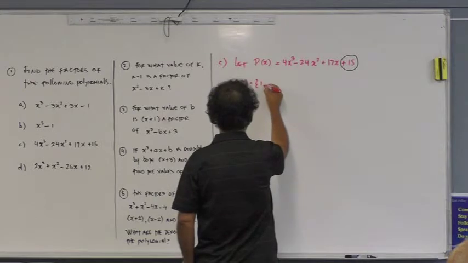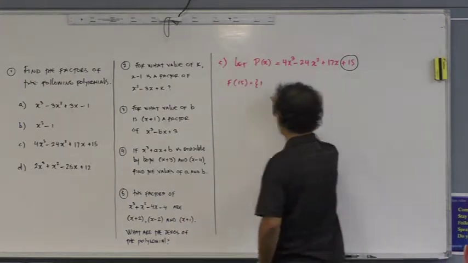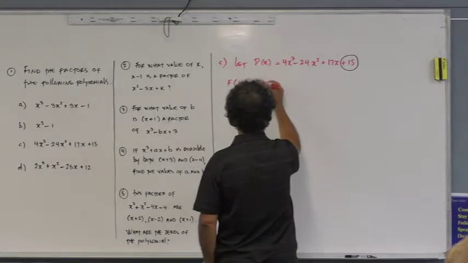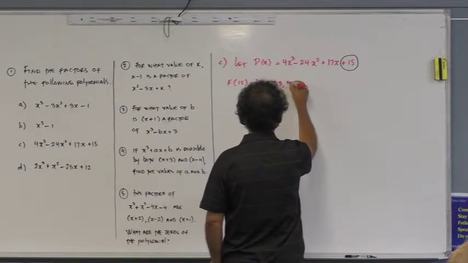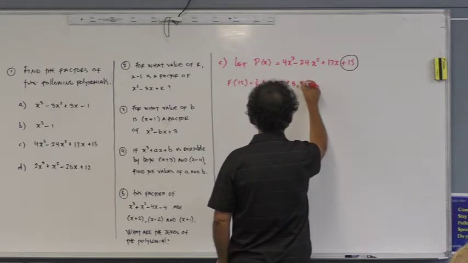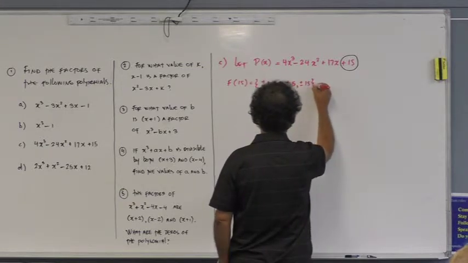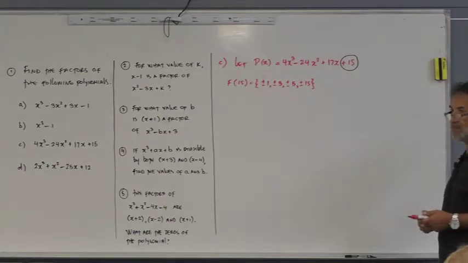So the factors are 1 and negative 1. So you're going to put plus or minus 1, plus or minus 3, plus or minus 5, and then plus or minus 15. So we have a lot of factors to choose from. Okay, let's do 1.